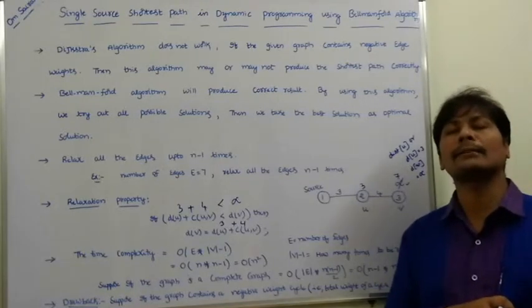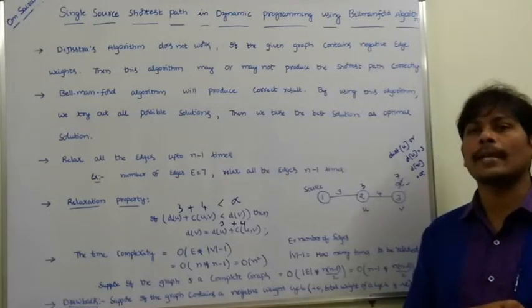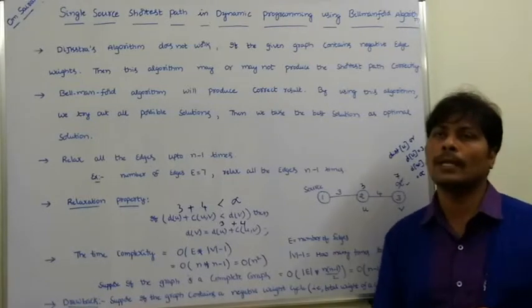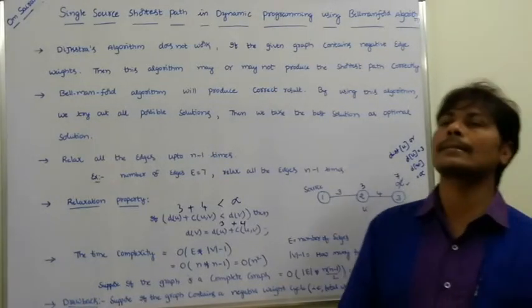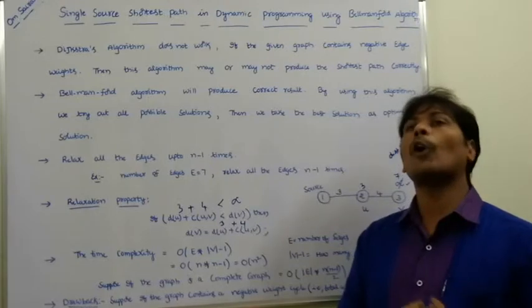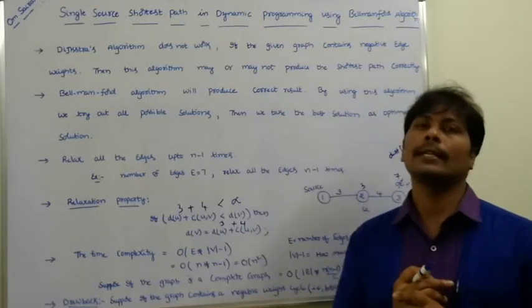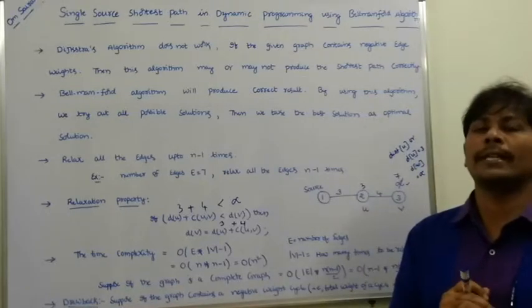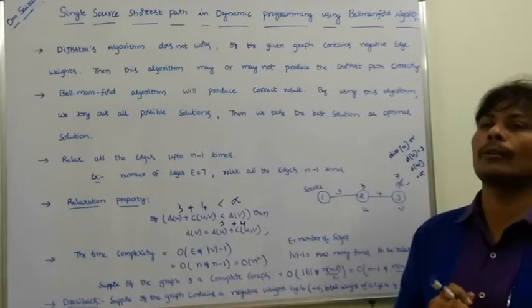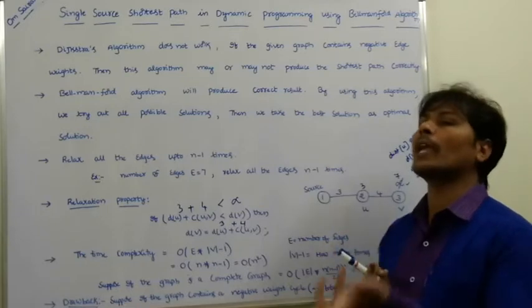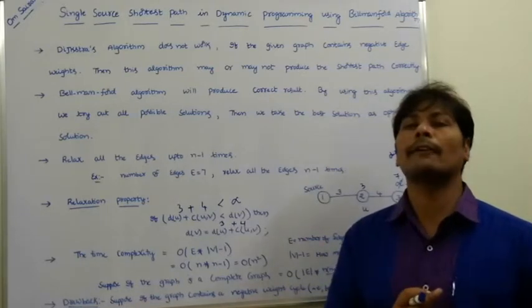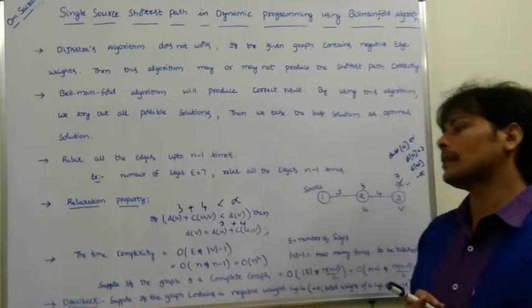Here n is the number of vertices in the given graph. Suppose the graph contains 5 vertices, so how many times we have to relax all the edges is n minus 1, that is 5 minus 1, that is equal to 4. So 4 times we have to relax each and every edge in the given graph.